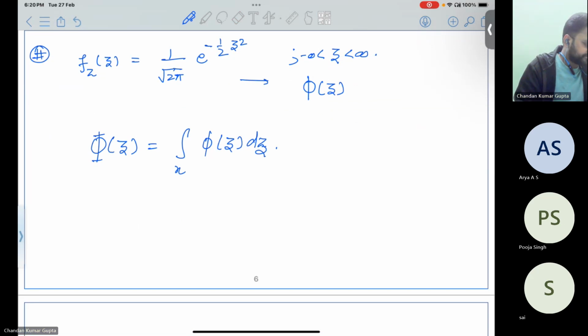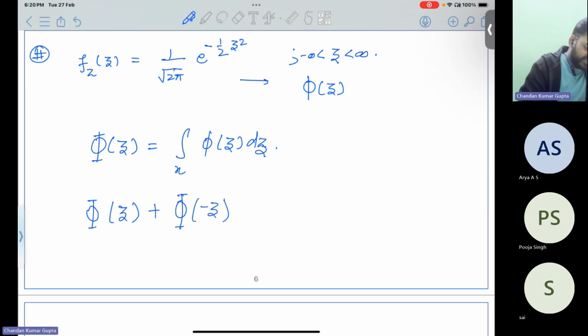And there are some more properties of the normal distribution, like phi of z plus phi of minus z equals 1.